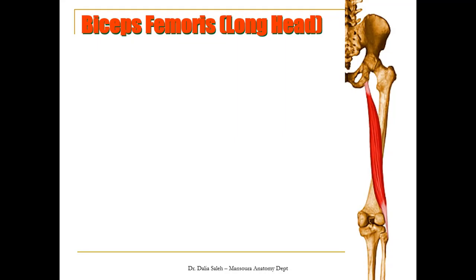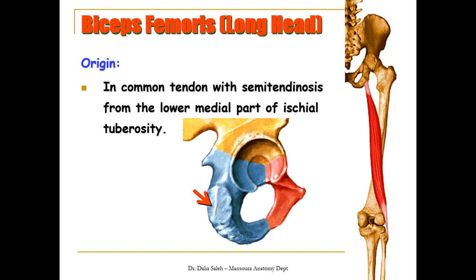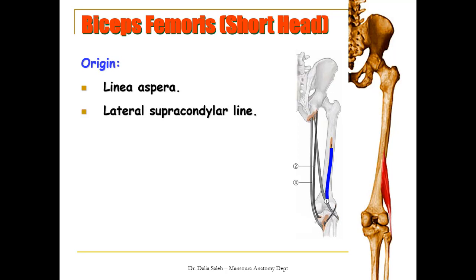For the biceps femoris, as I mentioned now, it has a long head and also a short head. The long head takes origin in common with the tendon of semitendinosus from the lower medial part of the ischial tuberosity, while the short head of biceps femoris arises from the back of the femur at the linea aspera and also from the lateral supracondylar line.